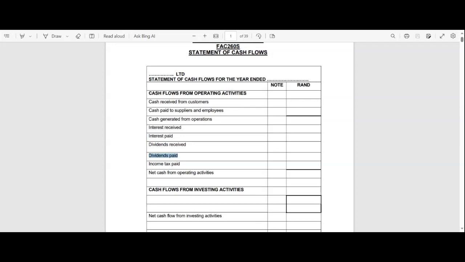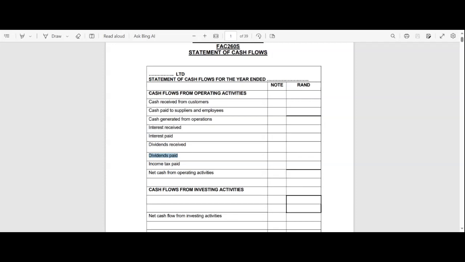Remember that process. There are three. Yes, Mr. or Miss Kalimashi, would you like to answer? Yes, sir. I think it's the buyback of shares, share buyback.